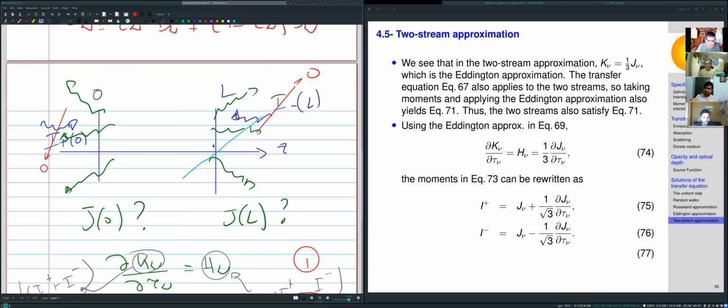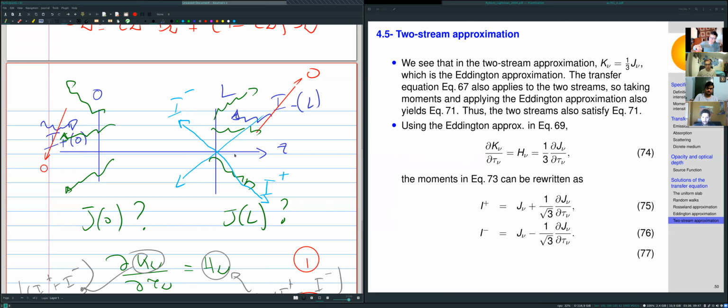All right, it's not easy to draw on a tablet. Okay, more or less. So the amplitude here would be I plus, and that would be I minus. So this is the radiation intensity field going towards minus Z, and that would be the amplitude going to plus Z. And so at this point here, we know that I minus should be 0. No radiation should be coming from plus infinity.